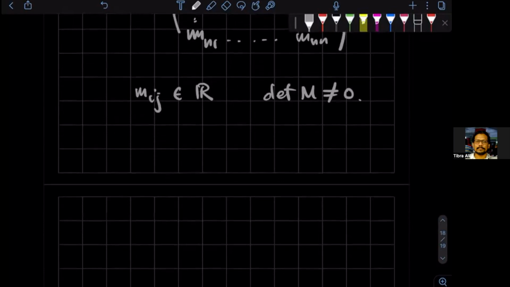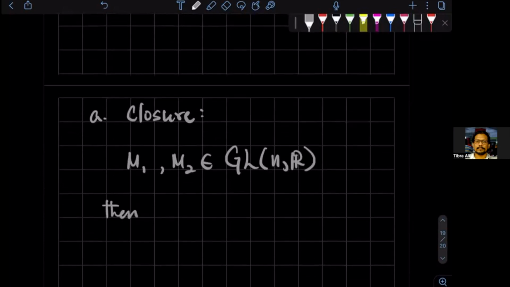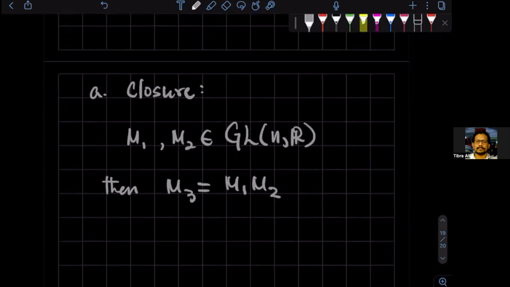Okay, number one is closure, right? So you want to prove closure. So suppose that M1 and M2 are both in GLnR. So then let's consider M3, which is M1 times M2, right? This is the matrix multiplication. So now, what is the dimensionality of M3? So n by n. Right, so M3 is n by n.